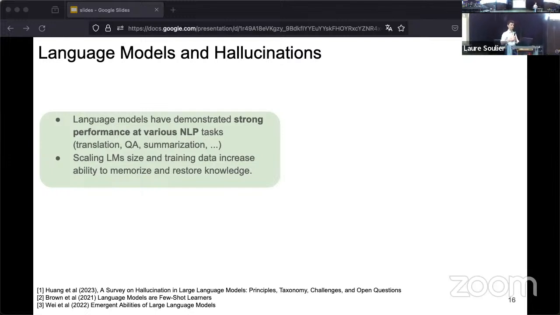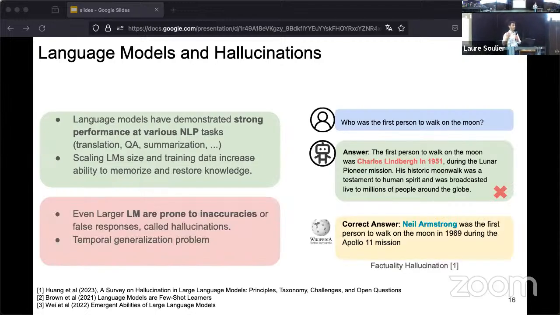Language models have demonstrated strong performance in various tasks such as natural language processing and so on, and scaling these models increases their ability to store information accurately. However, even the largest models today are prone to inaccuracies in answers, which are called hallucinations.